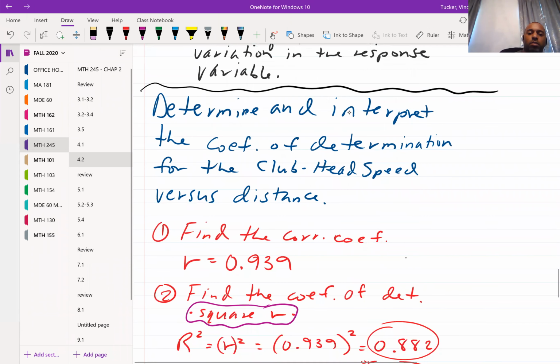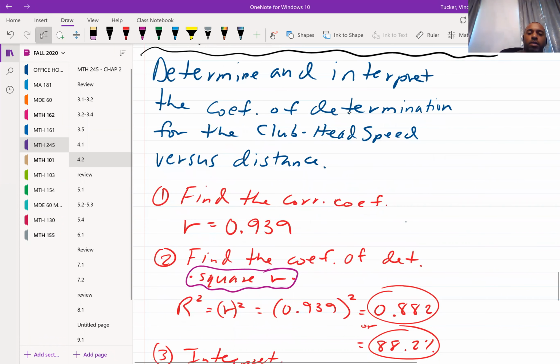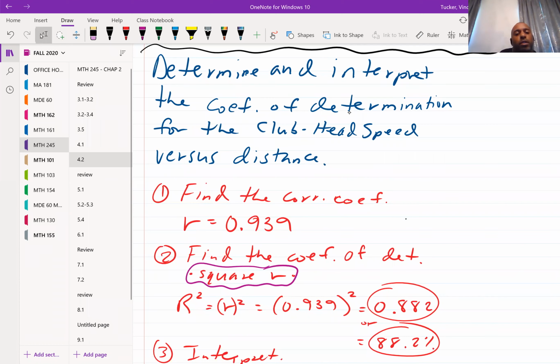All right. Second, you're going to square that correlation coefficient. You want to find the coefficient of determination, so you're going to square R. That gives us 0.882, which is 88.2%.